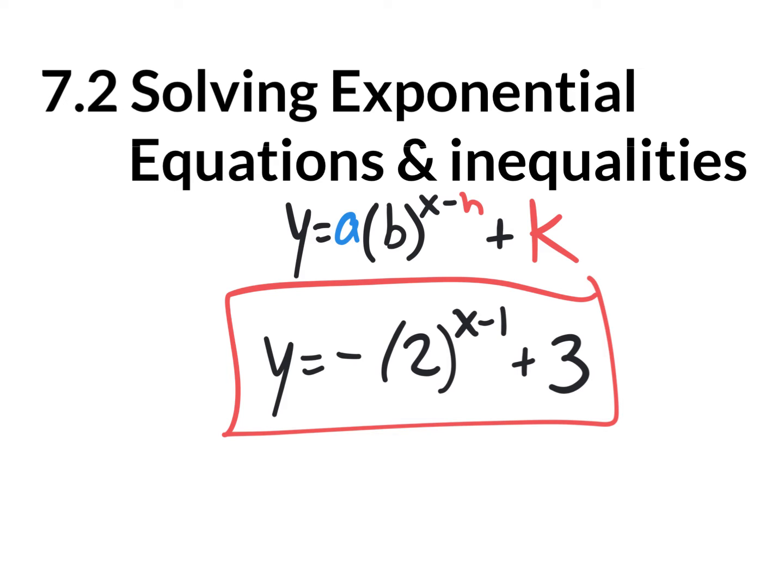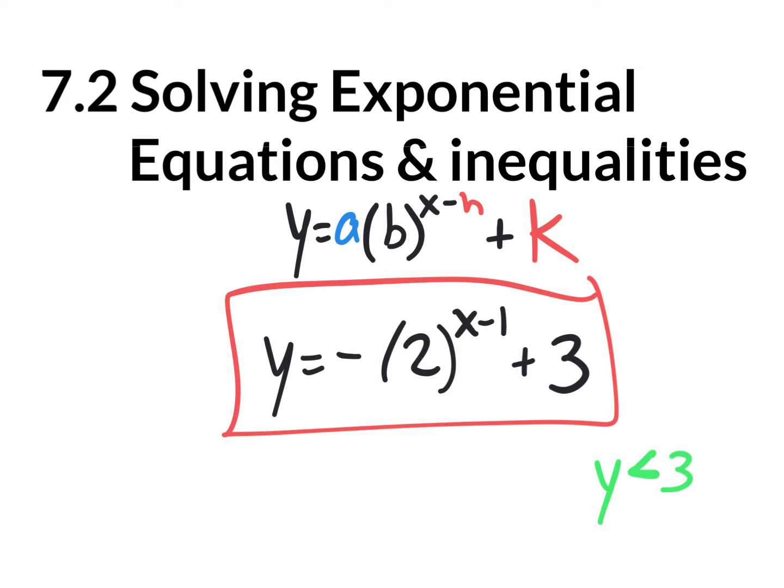Yeah, that's right. If you think about the transformations, it is a growth function. It got reflected over the x-axis. So instead of growing up, it's going to be growing down, in a negative direction. And the asymptote is a shift of 3 up. So the entire graph has to be below 3, the k value. So y is less than 3. Okay, so these are all things that we need to know for 7.1 on the quiz.